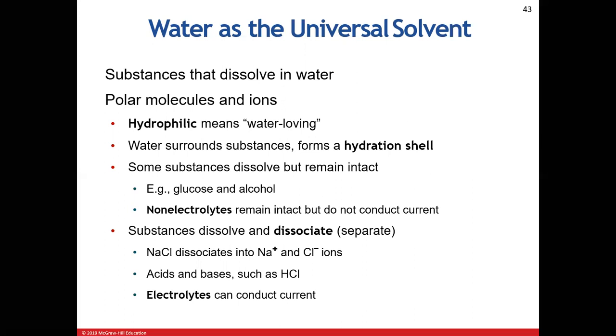We also see acids and bases that are going to dissociate into their component ions. For example, hydrochloric acid will dissociate into H plus and Cl minus. And these electrolytes, these ions that have an electrical charge, are able to conduct a current.